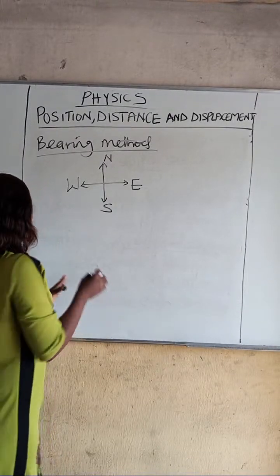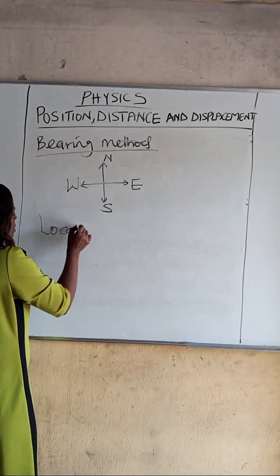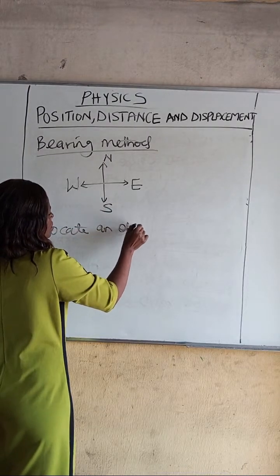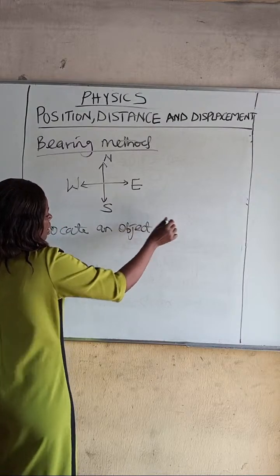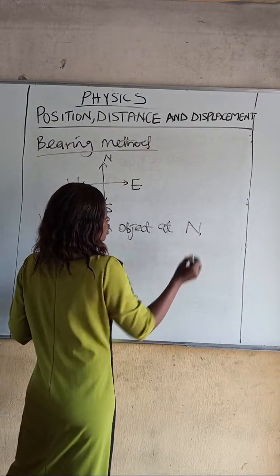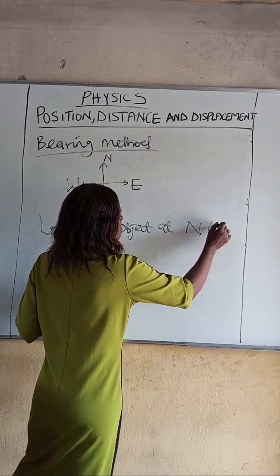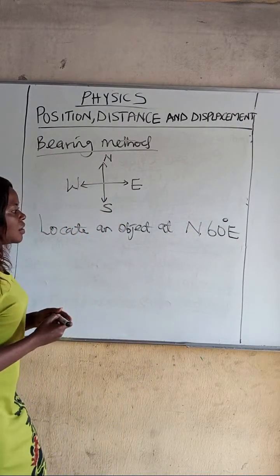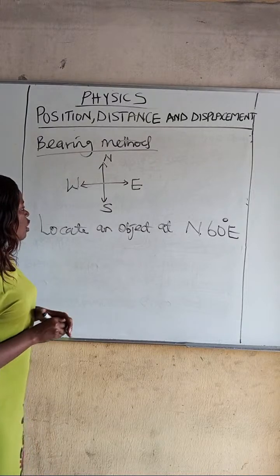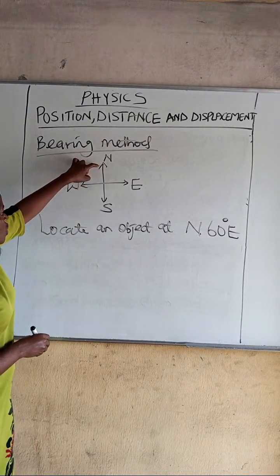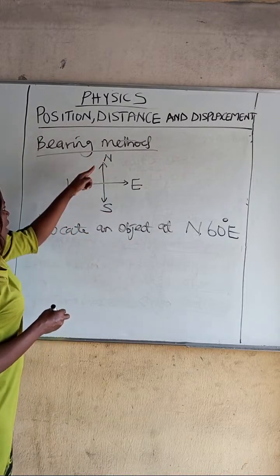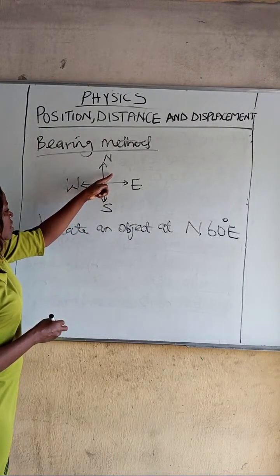If we are asked to locate an object at north 60 degrees east, how do you locate this object? If they say north, you start from north and go eastwards. You start from north and measure an angle of 60 degrees and go eastwards.